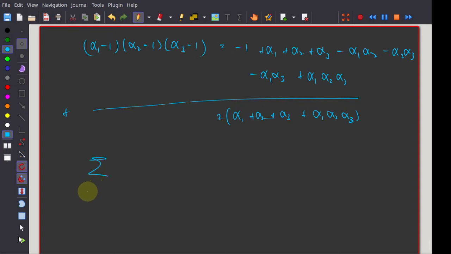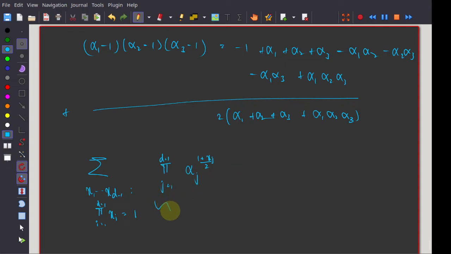We want summation over all possible x to d minus 1, product i equal to 1 of product j equal to 1, 1, alpha j whole raised to 1 plus j divided by 2. Correct? So in this, some of the alpha j's are going to be present and some of the alpha j's are not going to be present, right?